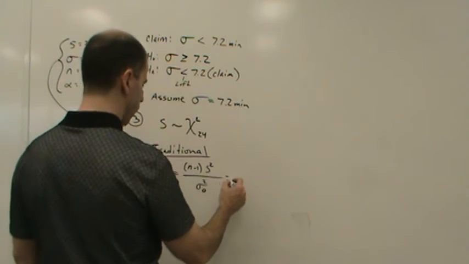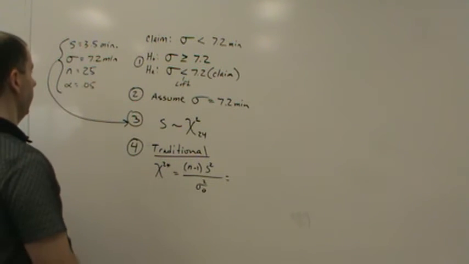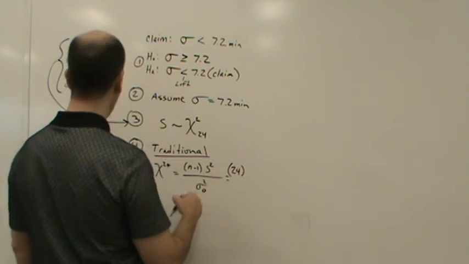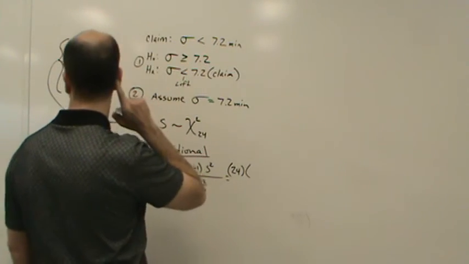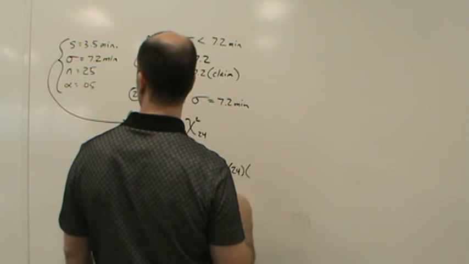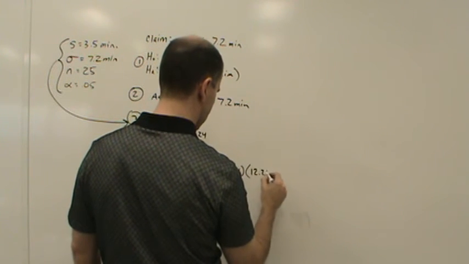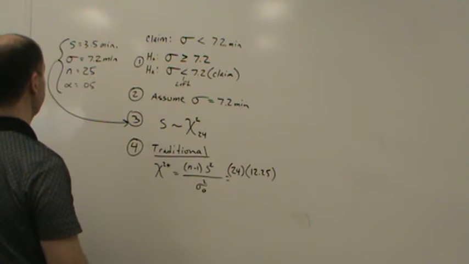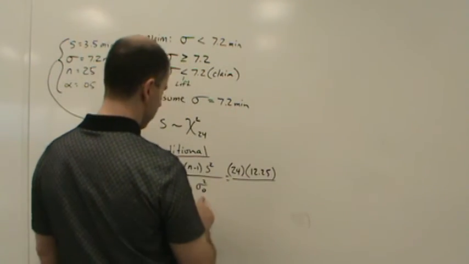Now all we have to do is plug and chug, because we know everything. n minus 1 is 24. s is 3.5, so s squared is 12.25.